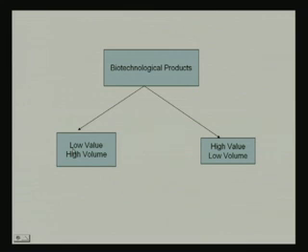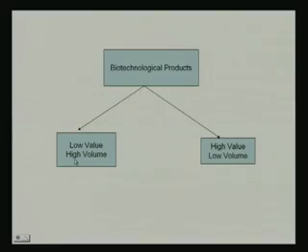Here, in the low value high volume category, the volume of the product we are manufacturing is in huge quantity. Let us take one example: ethanol from lignocellulosics. It is the second generation biofuel. It has huge demand in today's world. We will be using this ethanol as a petroleum substitute.